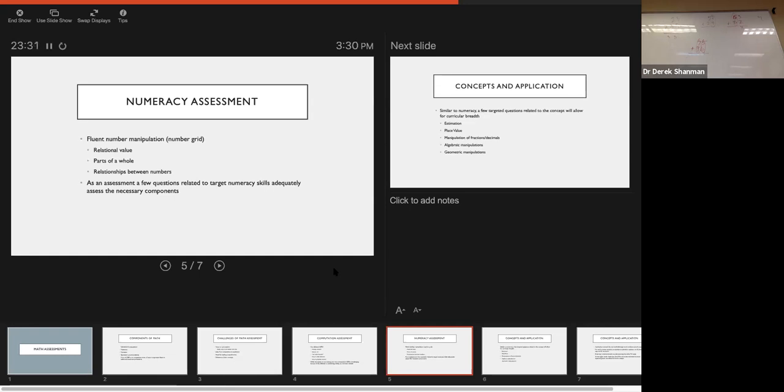Unlike computation, when we are assessing numerical skills, concepts, and application, we're talking individually about very small ideas. When you're looking at a concept like estimation, right?